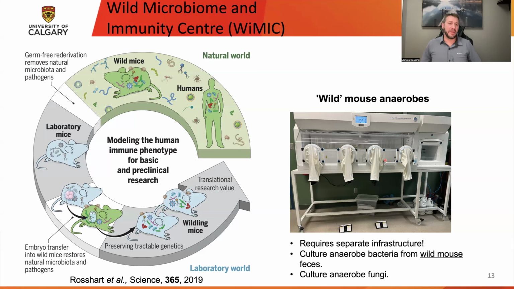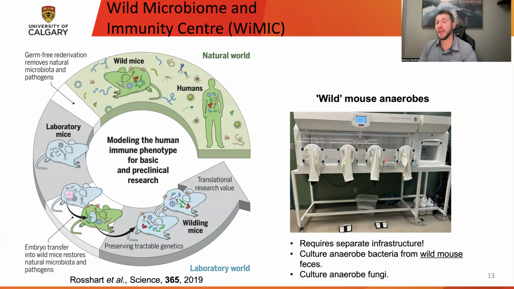So this gives us here at the University of Calgary the possibility to experimentally test effects over the whole spectrum, from germ-free mice to monocolonized gnotobiotic mice with defined microbiotas. We can double check in SPF mice to see how it fits with other literature that was done in SPF mice, and we can move our experiments into the wild to really make sure how this looks in the most physiological setting.